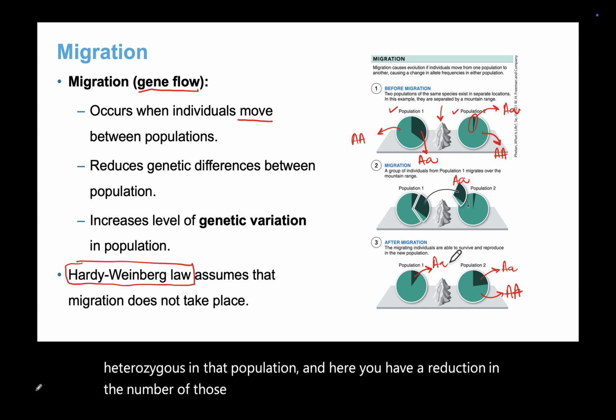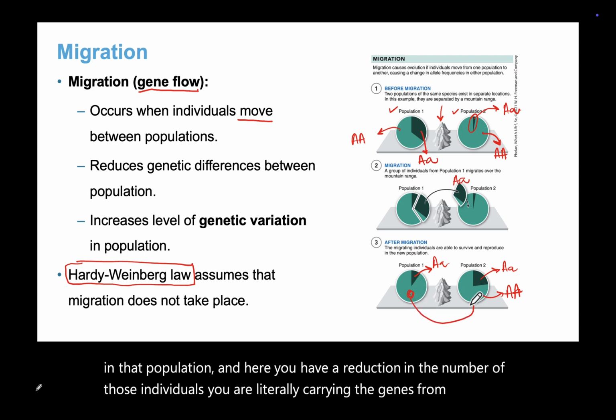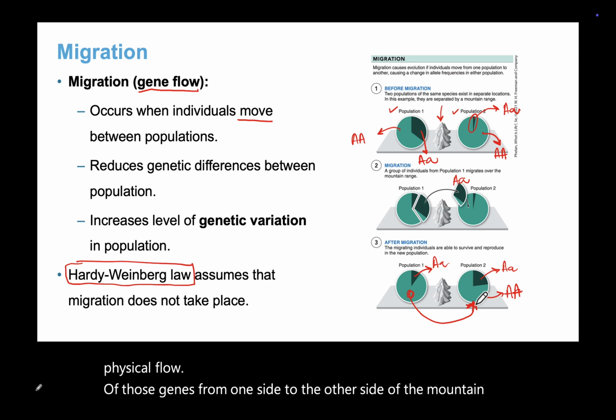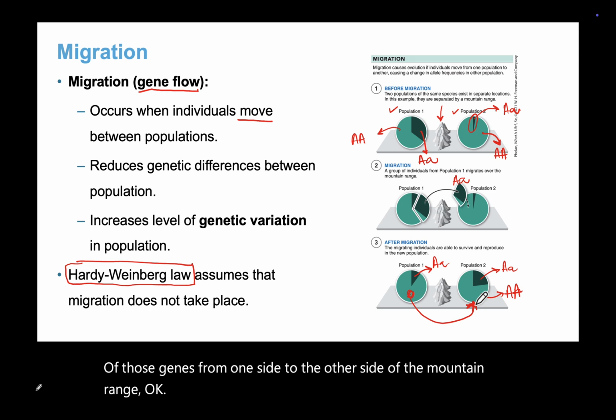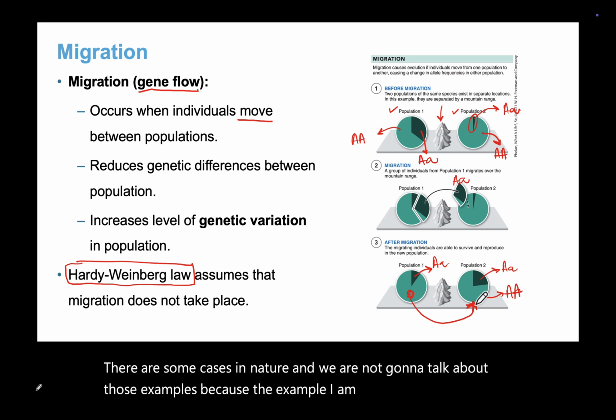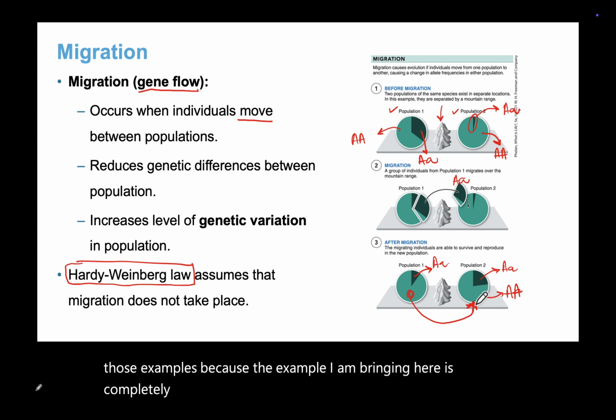You are literally carrying the genes from one population to the other. It is literally the physical flow of those genes from one side of the mountain range to the other. Okay? There are some cases in nature, and we are not going to talk about those examples because the example I am bringing here is more related to humans.